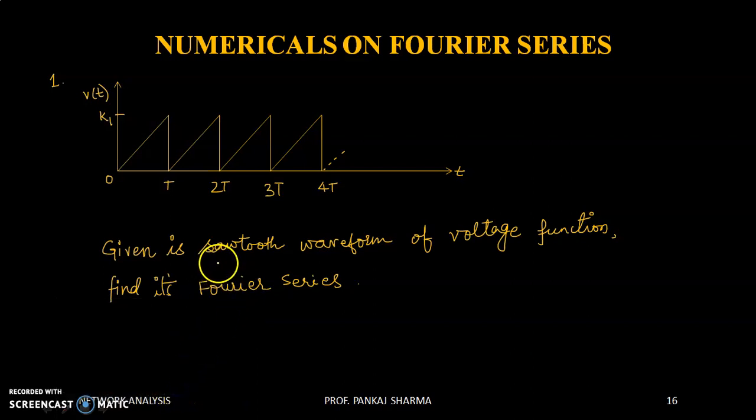It is given that this is a sawtooth waveform of the voltage. This is your voltage. By seeing the diagram, you can see that the time period is T. After the time T, the waveform is repeating itself.